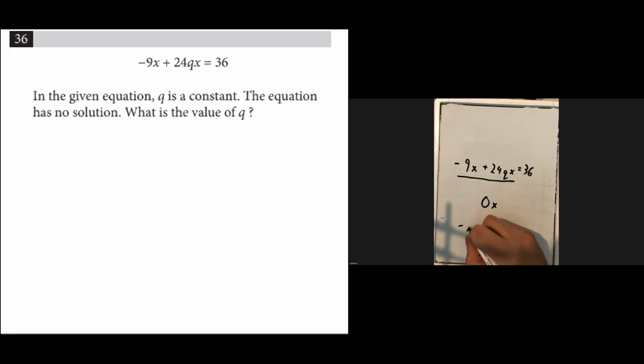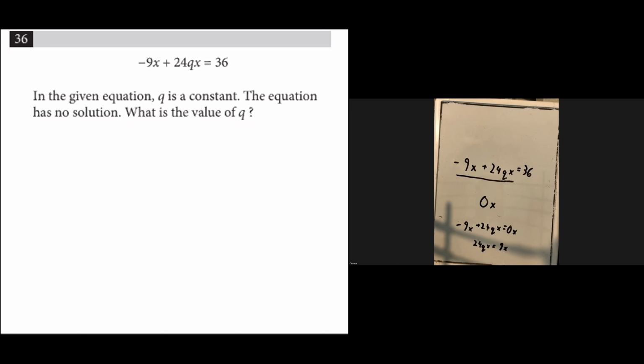And so we have negative 9x plus 24qx equals 0x. We just add 9x to both sides, so we get 24qx equals 9x.